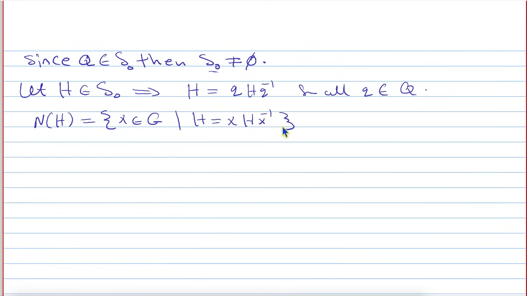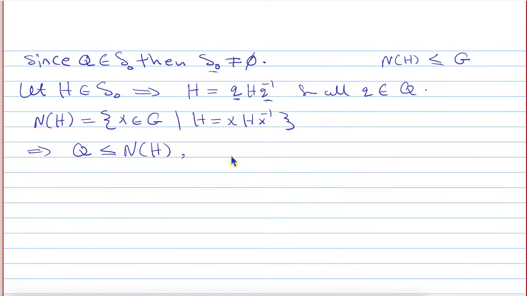Okay, and it seems clear from here that all this q must be in the normalizer of H, just by the definition of the normalizer, and therefore Q itself is a subgroup of the normalizer of H, because the normalizer of the set is a subgroup of G. So any subset of the normalizer which is a subgroup must be a subgroup of the normalizer.